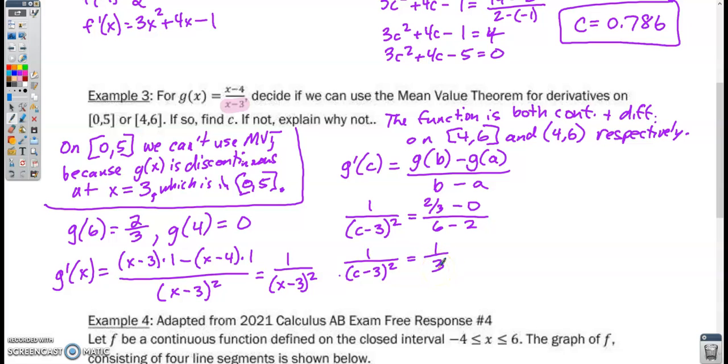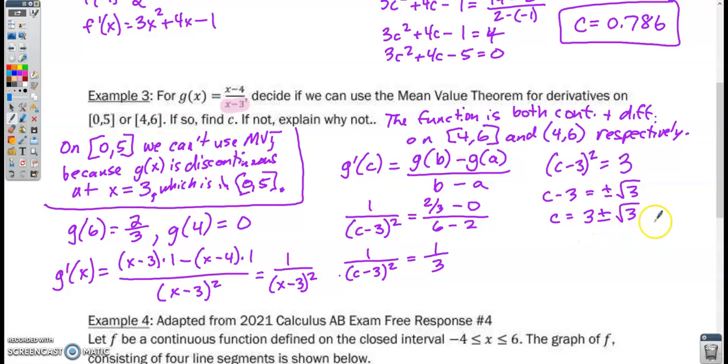I'm going to go ahead and solve this exactly, like I would if this were a non-calculator section. Since 1 over the quantity c minus 3 quantity squared is equal to 1/3, that means that the quantity c minus 3 squared is equal to 3. Taking the square root of both sides, we end up with c minus 3 equals plus or minus root 3. Adding 3 to both sides, we do this, but only one of these is in the interval between 4 and 6.